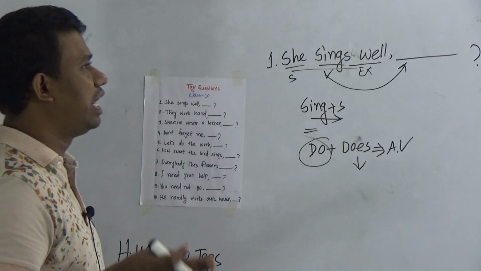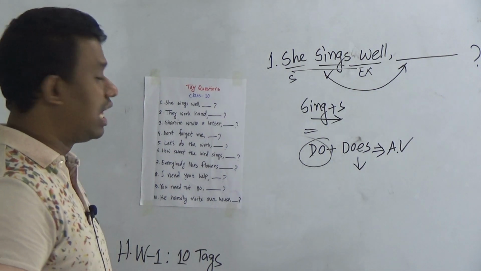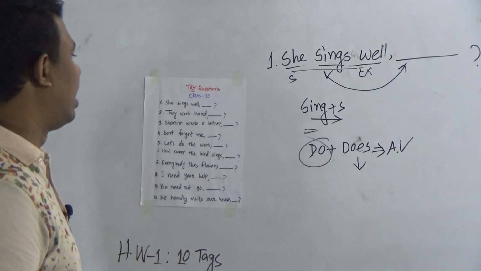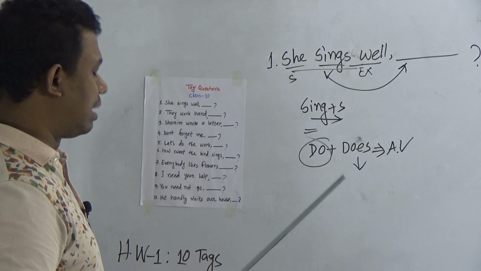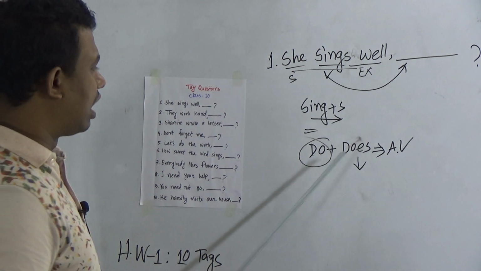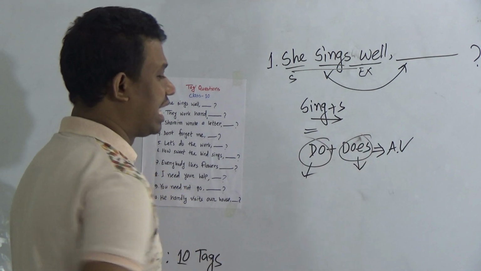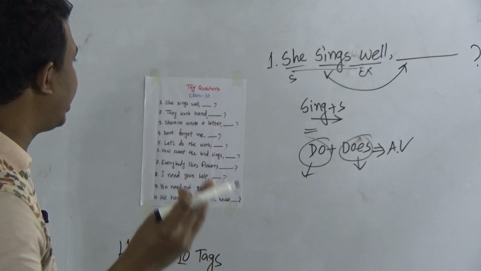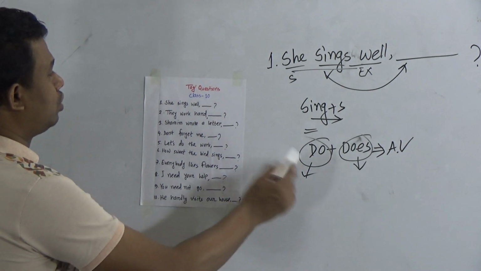He, she, any name, that means Faruk, Jihad, all of your names, it, and any singular subject, these are called third person singular number. So for these cases we have to use does, and for the rest, that means I, we, you, they, and plural subjects like this, we have to use do.